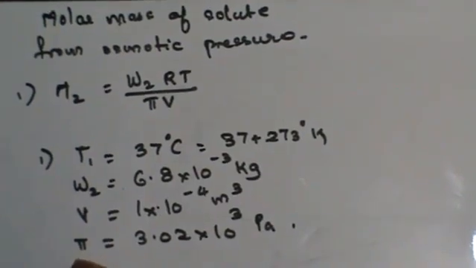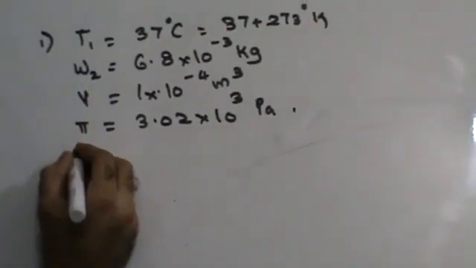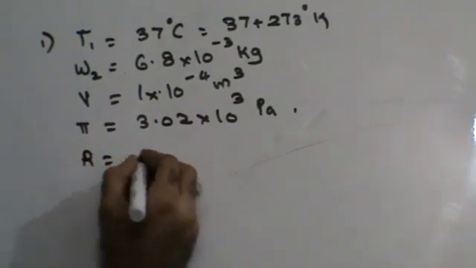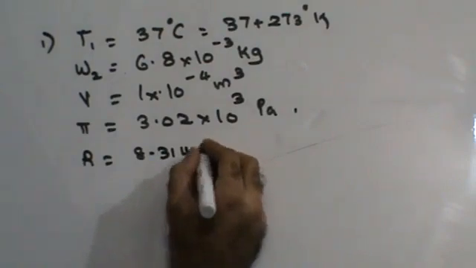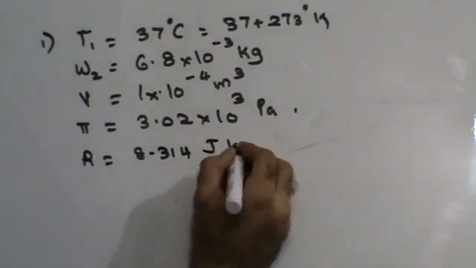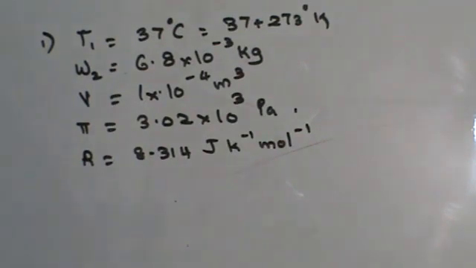Find the molar mass of protein if gaseous constant is 8.314 joules per Kelvin per mole.